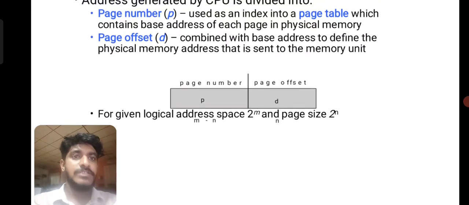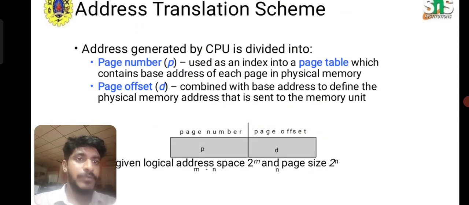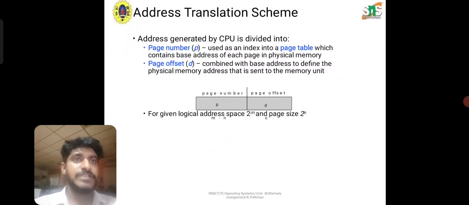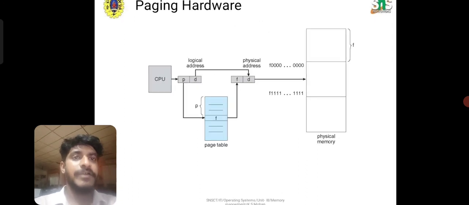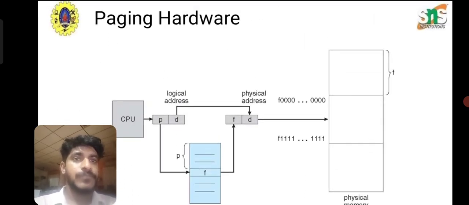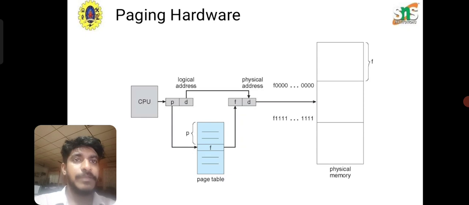Given a logical address space of 2 power m and a page size of 2 power n, these are the things we have in the address translation scheme. In the paging hardware we have the CPU, page table, logical address, physical address, and physical memory.